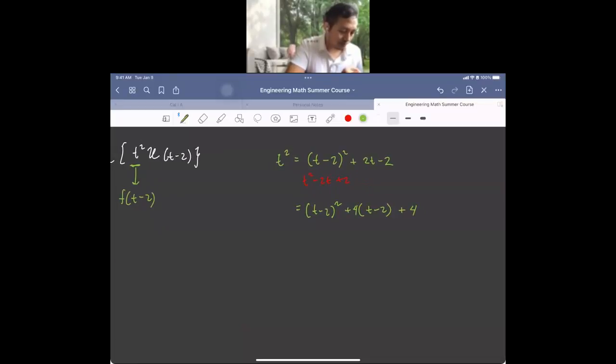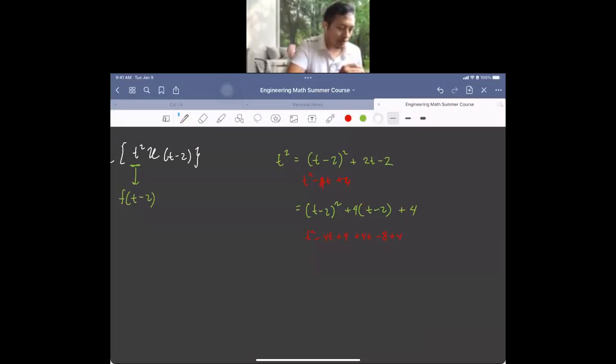So t minus 2 squared is t squared minus 4t plus 4, plus 4t minus 8, plus 4. So okay, it's true that this is equal to t squared.